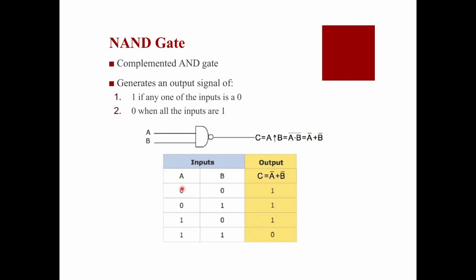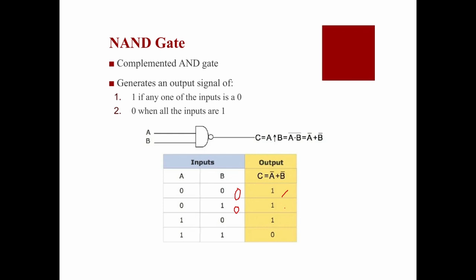So 0 times 0 equals 0, but as you can see it is NOT. Let me write here: 0 times 0, 0, but it's not, so 1. 0 times 1, 0.